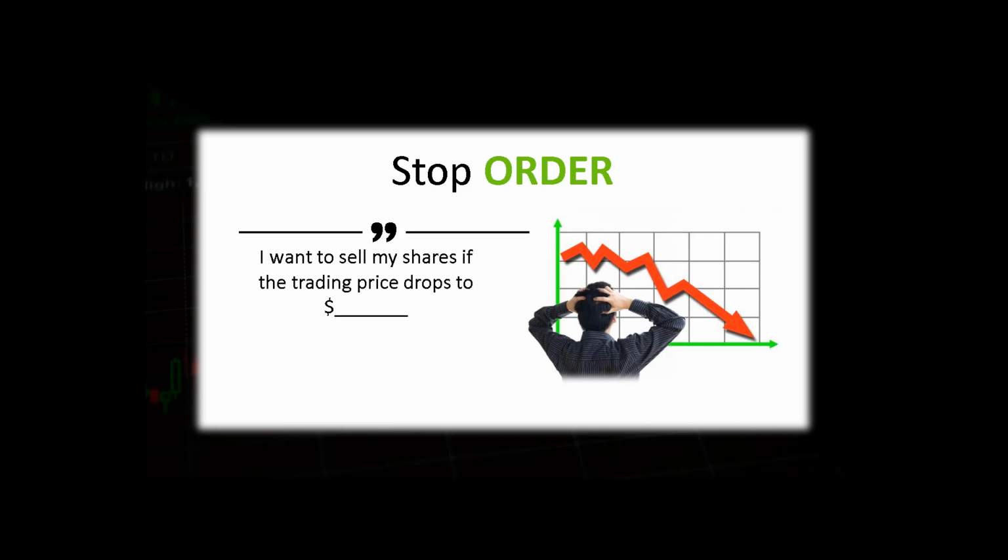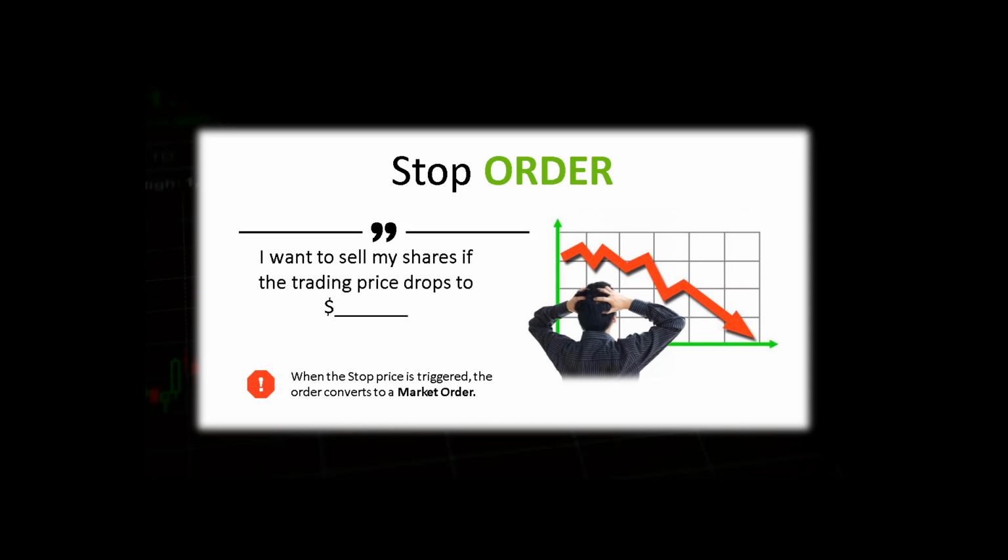A stop order, and this is the really important part, a stop order converts to a market order when that stop price is triggered. So once the share price drops to whatever your price is that you specify, it converts to a market order, and as we covered before, that means it'll execute at whatever the best price is at that time.